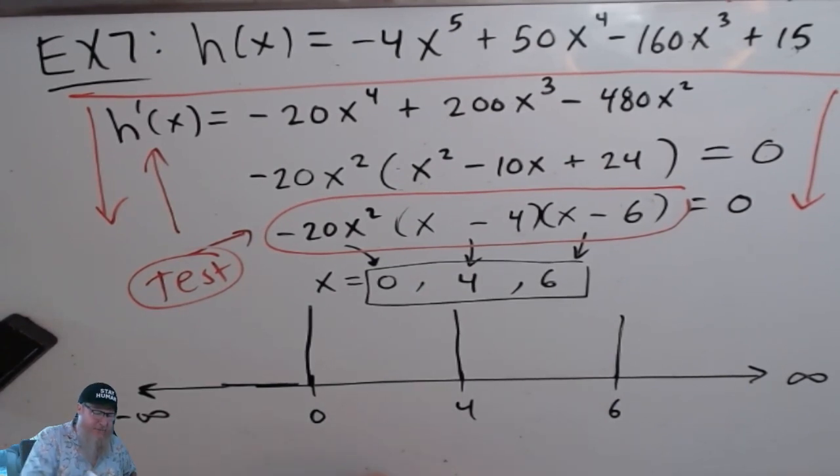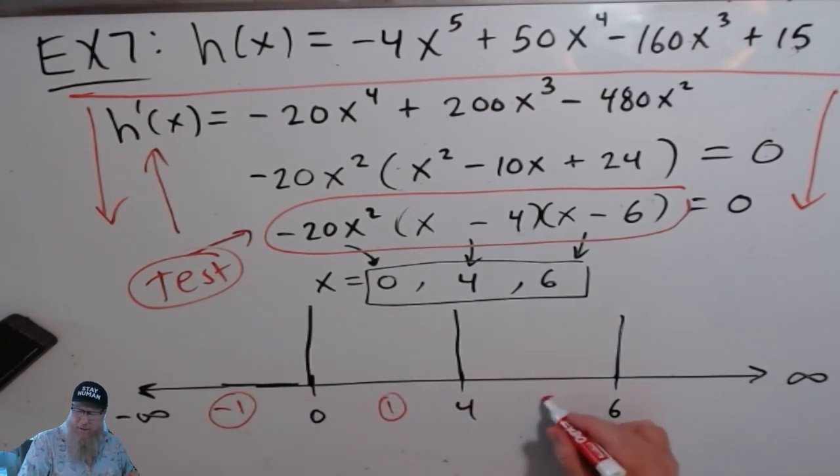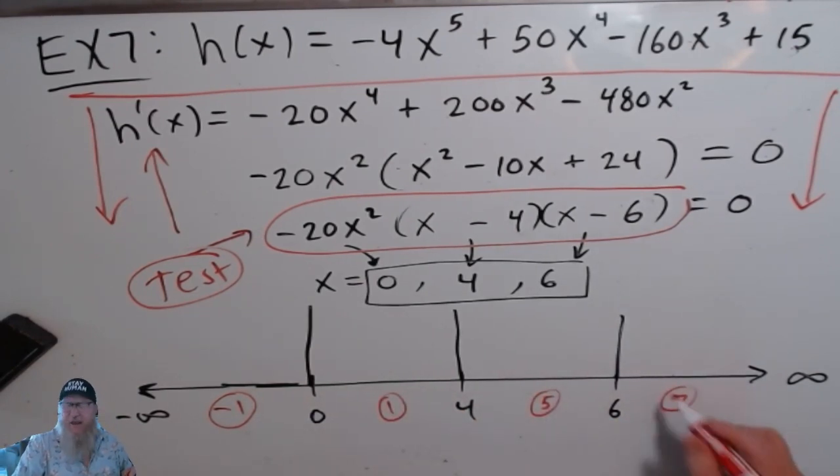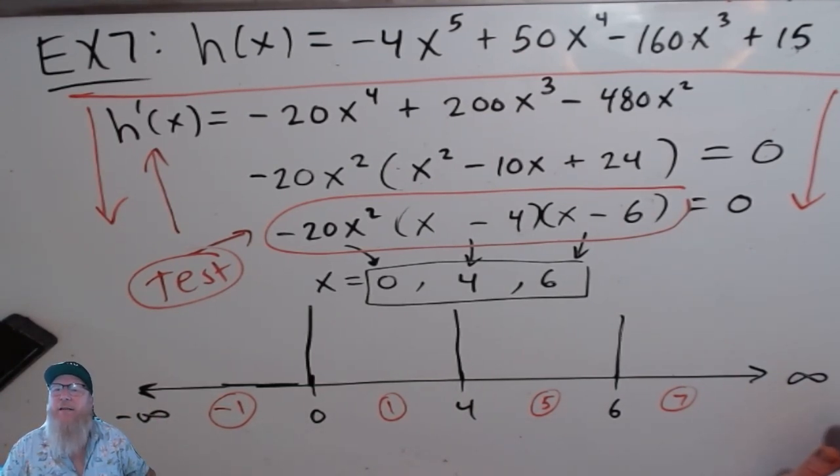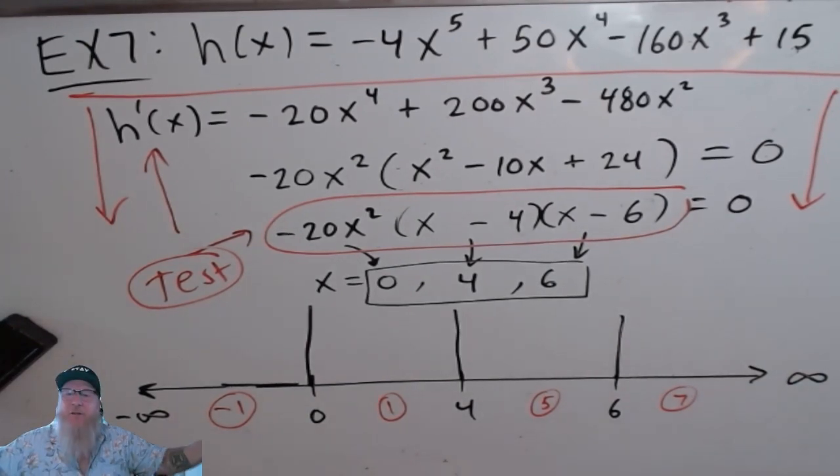All right, let's pick some test values. I just go with the most basic ones: -1, 1, 5, and 7. I mean, you are allowed to pick any number you want, but there's no reason to rack your brain over it. Just plug it in and see. All right, let's do it. Let's try to do this one mental. Totally mental.